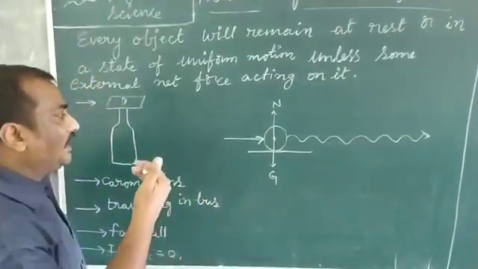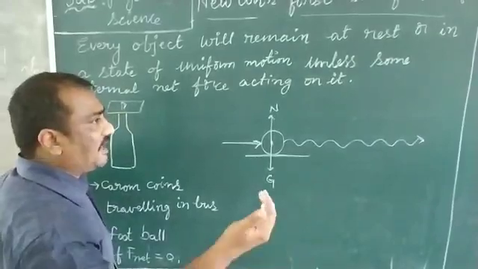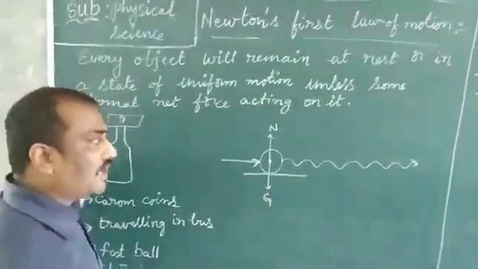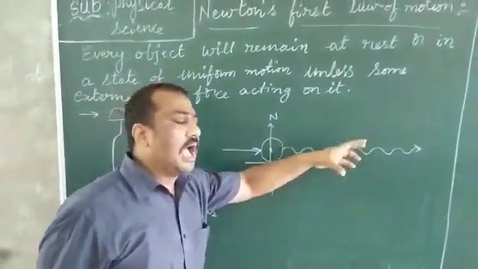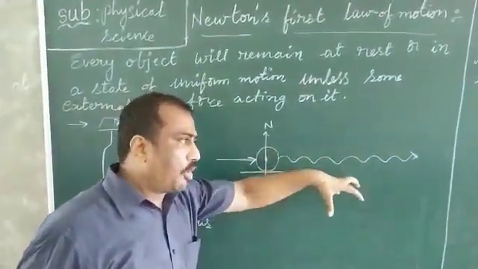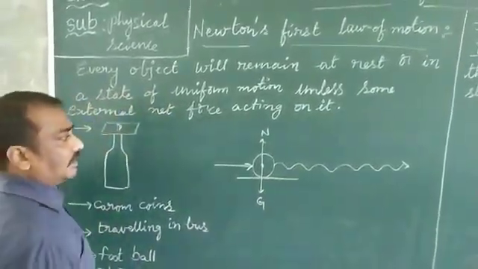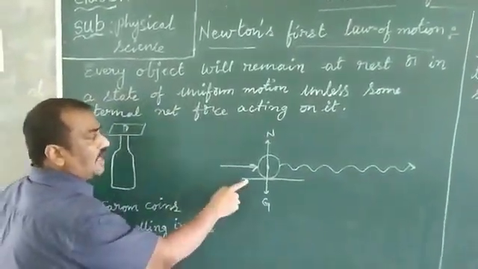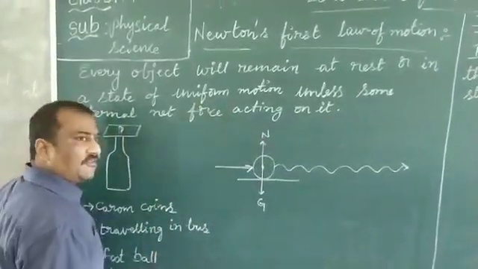First of all, it can move with more speed. After covering some distance, what happens? Its speed is gradually decreasing. After a particular point, after covering some distance, it comes to rest. So according to Newton's law, when we apply some force on the object, it continues in a state of motion.